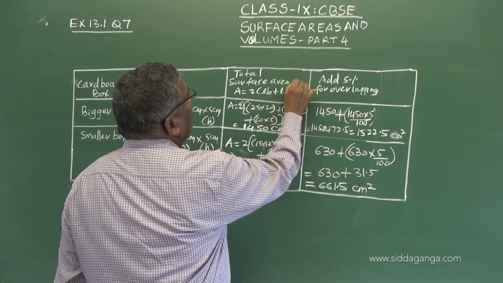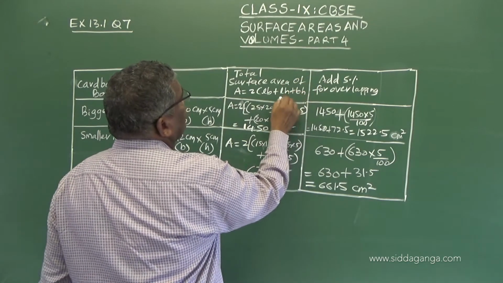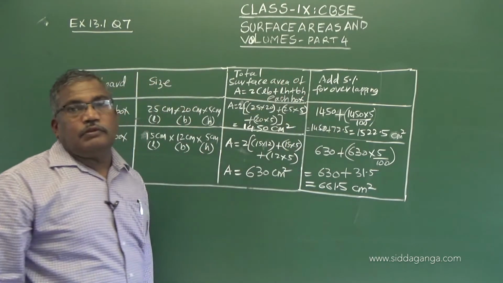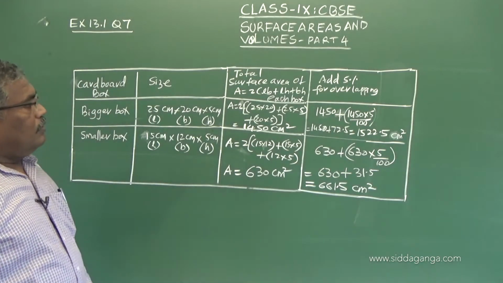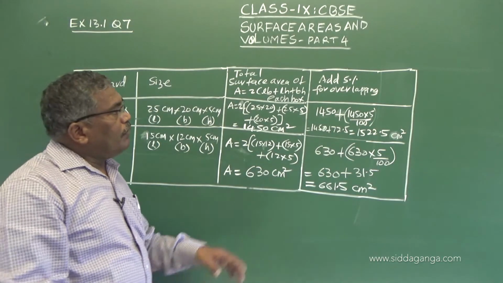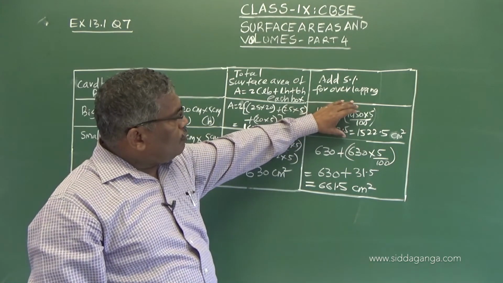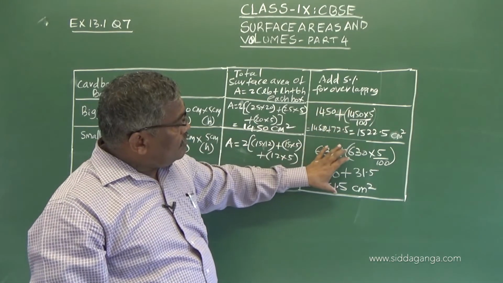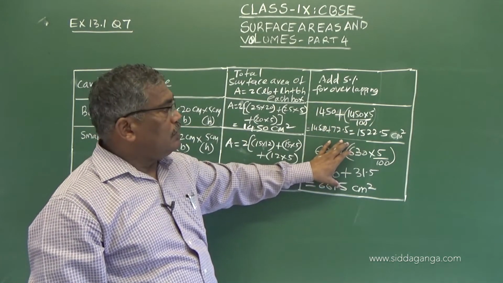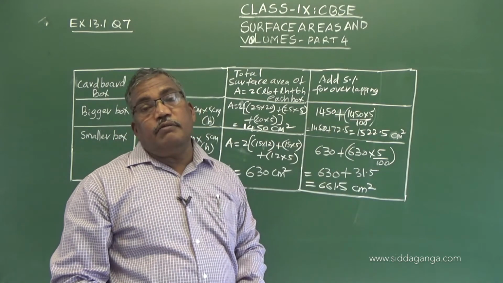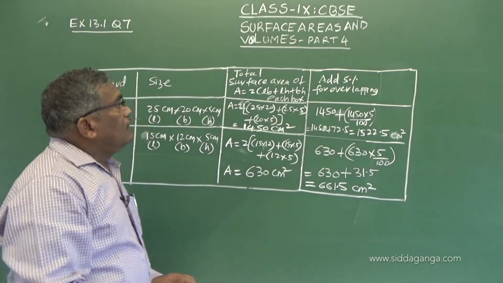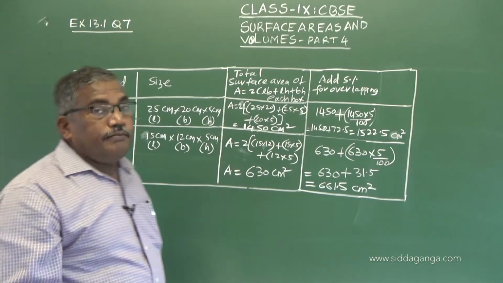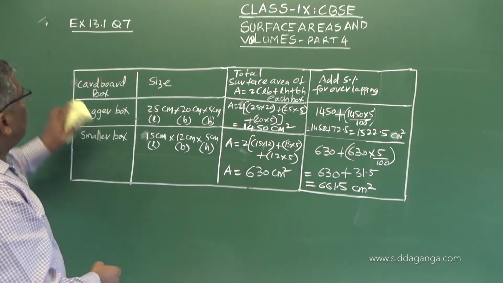So what we have to do is multiply it with 250 to get the area for 250 boxes, and we will get the total area of the cardboard required. So now I will erase this and rewrite from this side.